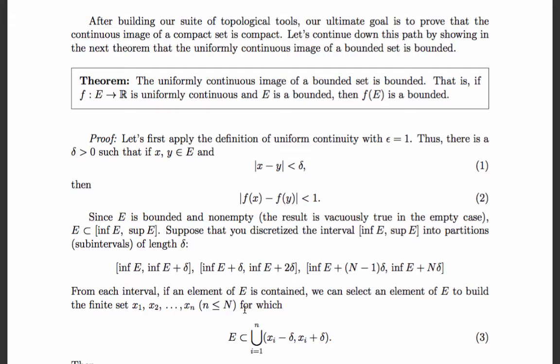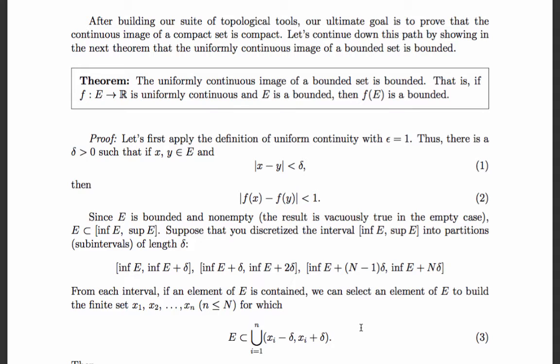Then, in each of these delta length intervals, I can choose an element of E, x_i, and then I could take the delta neighborhood of x_i for i equals 1 through n and build an open cover for E. Specifically, a finite open cover.